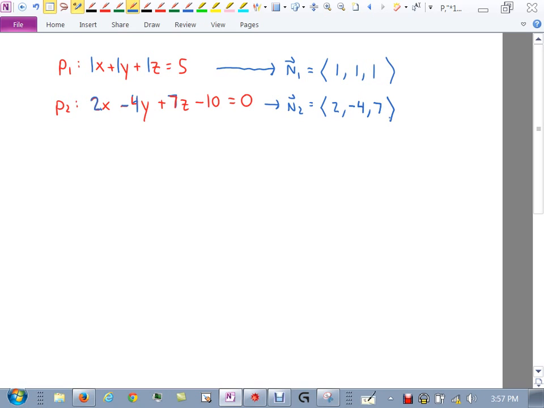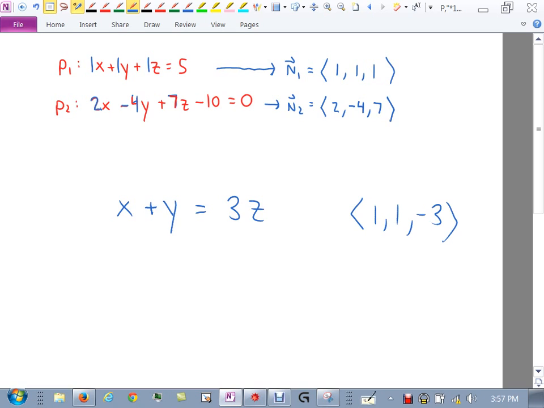One thing you should be careful of: if the x's and y's are on opposite sides of the equation, you need to move them all to one side. Like if I had given you x plus y equals 3z, that's the equation of a plane, then the normal vector there would be 1, 1, negative 3.